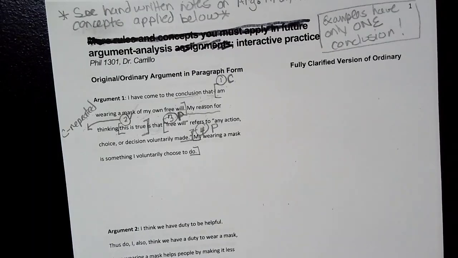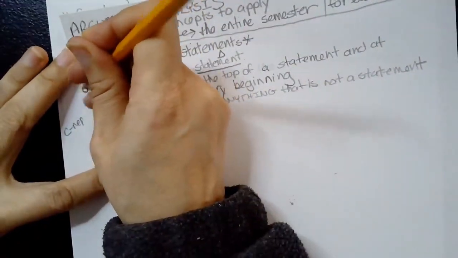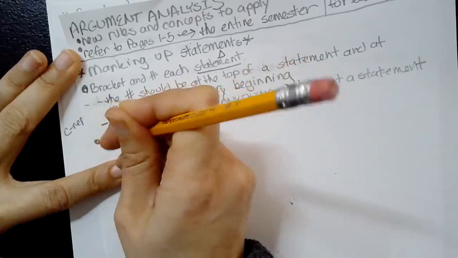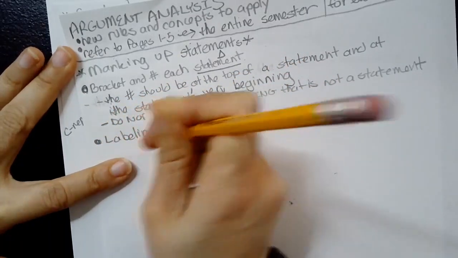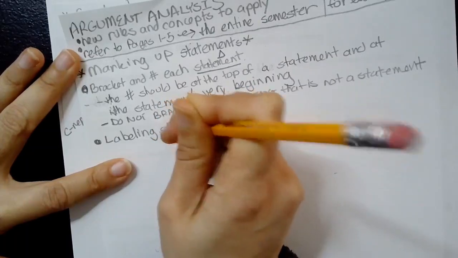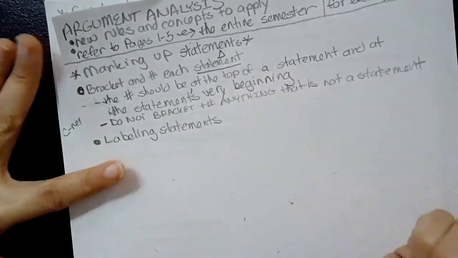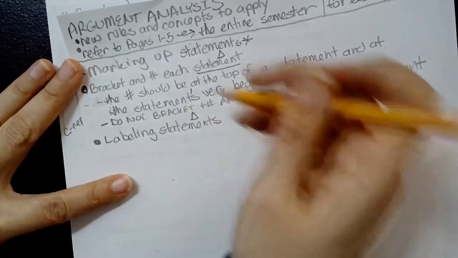All right, so that brings us to a new rule. Okay, so here we have this thing about bracketing and numbering statements. Okay, labeling statements. Okay. All right, so notice we're still focusing on statements. What do we do with statements?